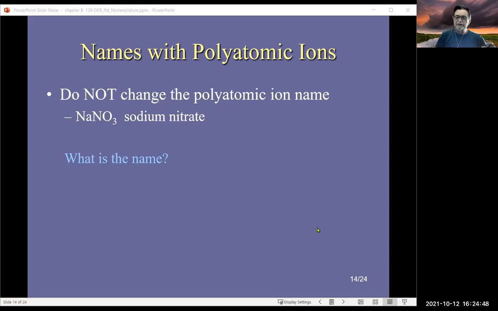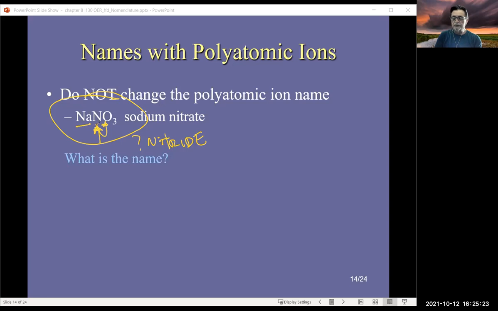Now, this can be a challenge sometimes, but I want you to look at this, for example. You look at this formula, disregard the name, we know it's called sodium nitrate, but if you see that, you obviously have Na for sodium. And then you see the nitrogen, and you might think possibly nitride, okay? You might think that at first, but immediately next to nitrogen are oxygens.